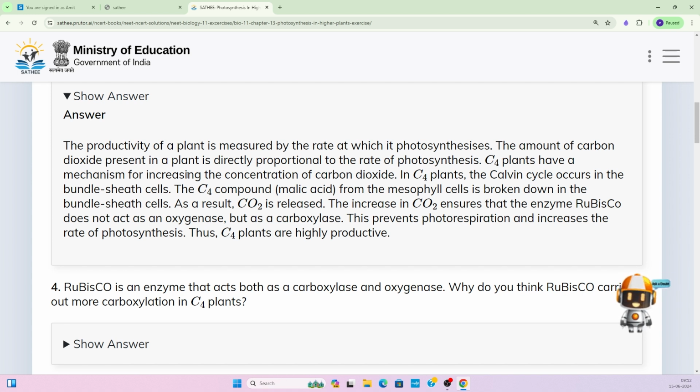That is why no photorespiration takes place in the C4 cycle. Whatever carbon dioxide is there is utilized for food production, and that is why it gives high production. The C4 plant is highly productive. Okay.